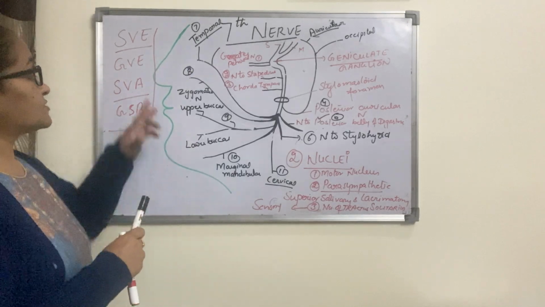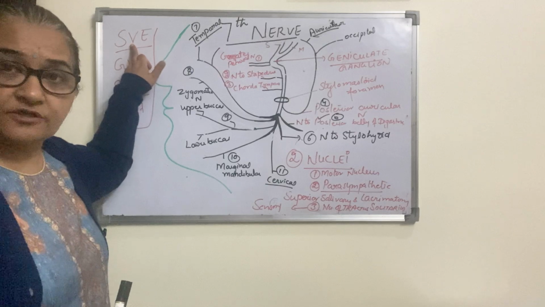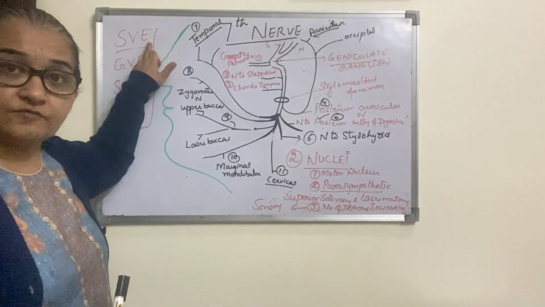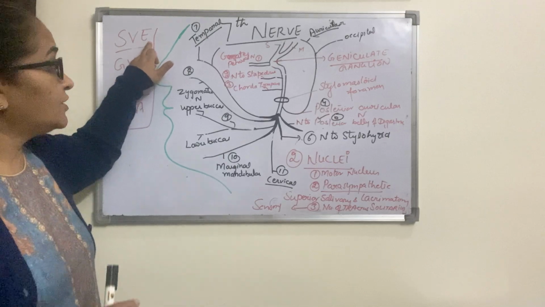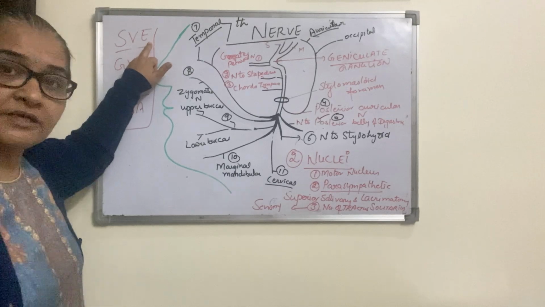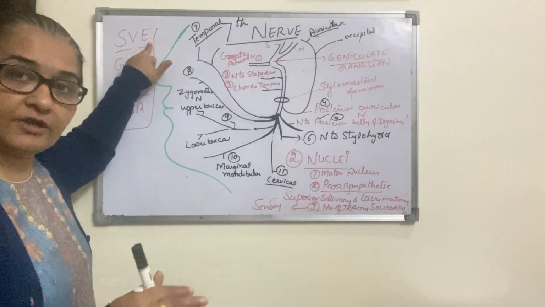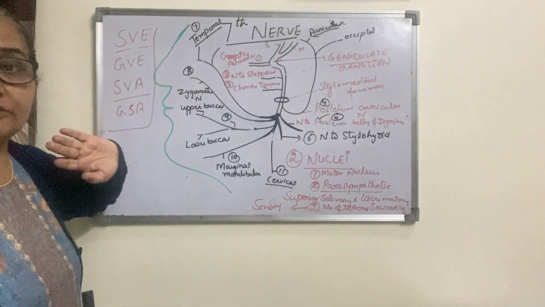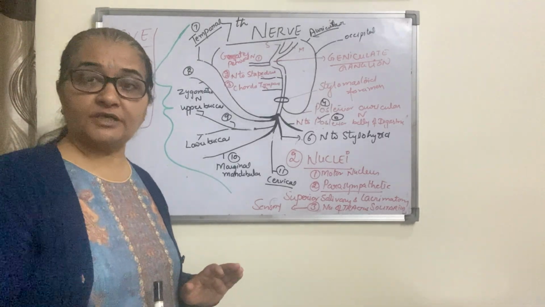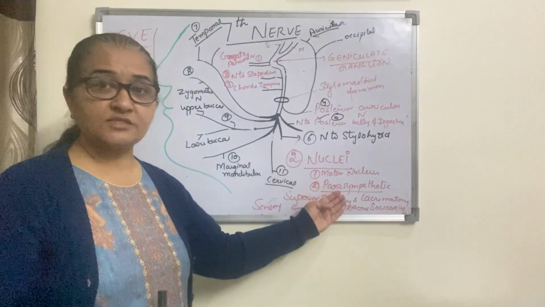So I repeat, special visceral efferent is always concerned with branchial arches, the muscles arising from the branchial arches. So the facial nerve is the nerve of the second branchial arch. So the muscles which develop from that arch are supplied by the facial nerve. General visceral efferent, that is basically parasympathetic fibers arising from the parasympathetic nuclei.